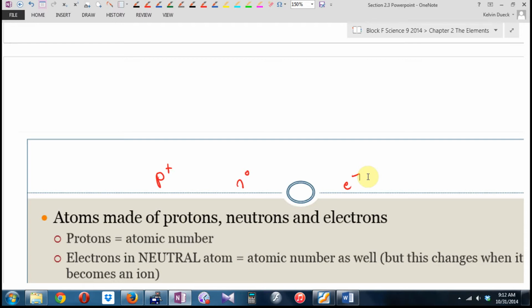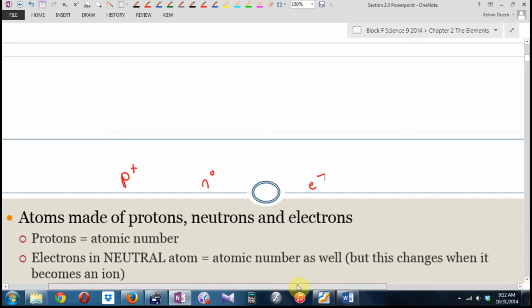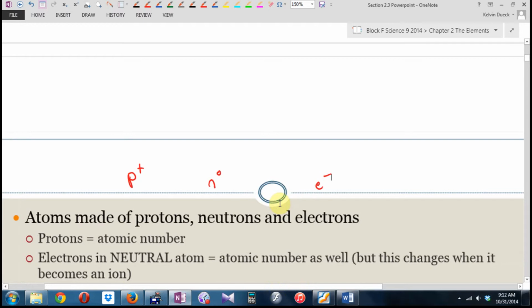Now, it turns out in nature, most atoms don't want to be neutral. Most atoms have a longing to exist in a certain state. Now, I'm saying that they want, but atoms are dead, they don't want anything, but I'll pretend that they want it to help us understand how they behave. So, I wrote down here, electrons in a neutral atom, that's also the atomic number, but this changes when it becomes, and here is the word we're going to be flogging today, an ion.